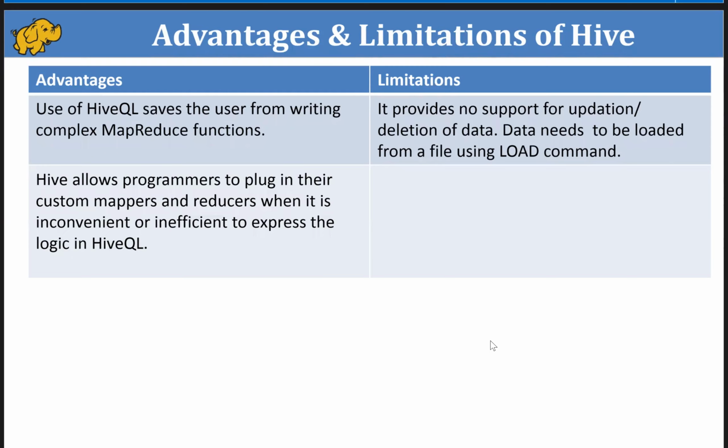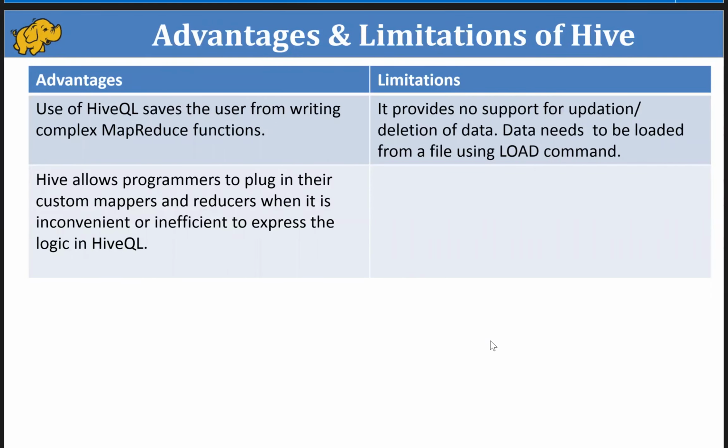So use of HiveSQL, save. Okay, so now advantages and limitations of Hive. One of the advantages that we spoke about is that it spares you the complex MapReduce. Otherwise, you may have to write a complex MapReduce program, some 50 to 60 lines.